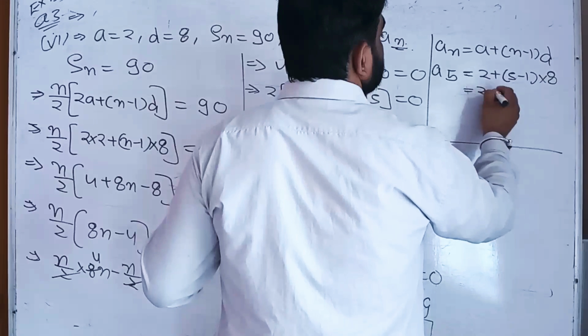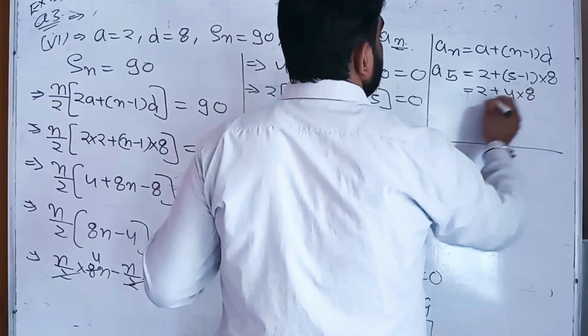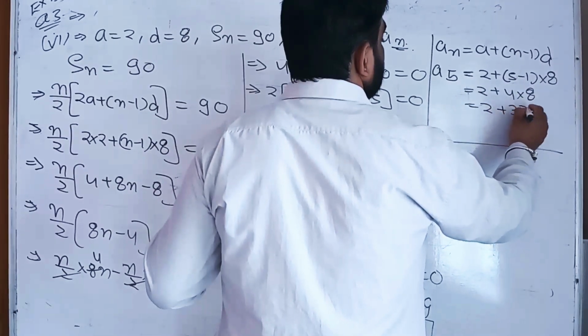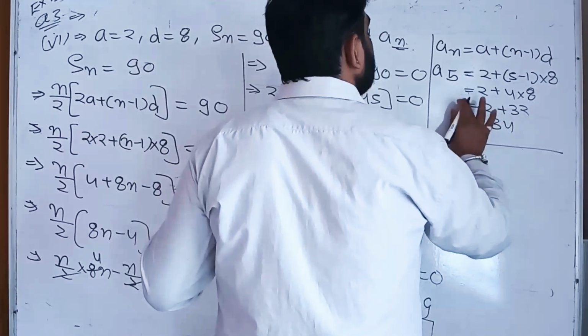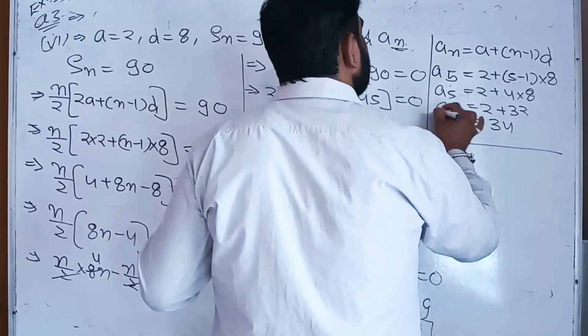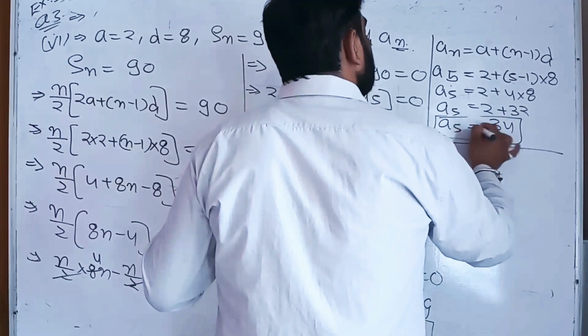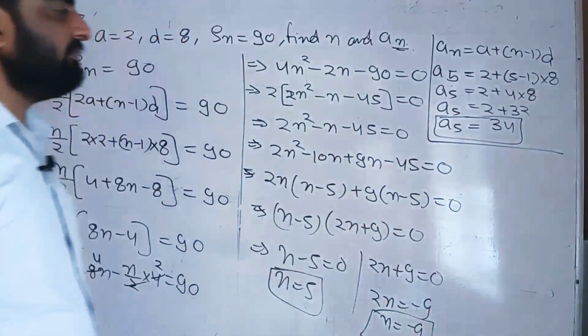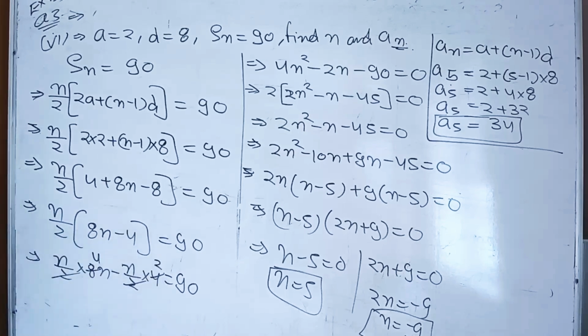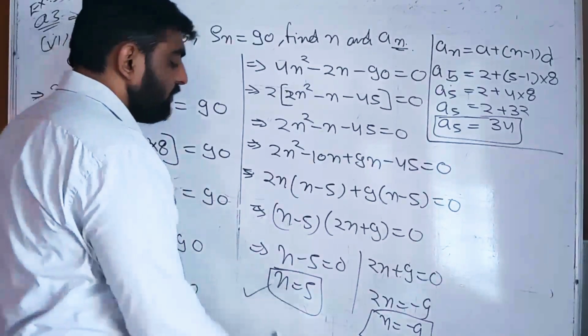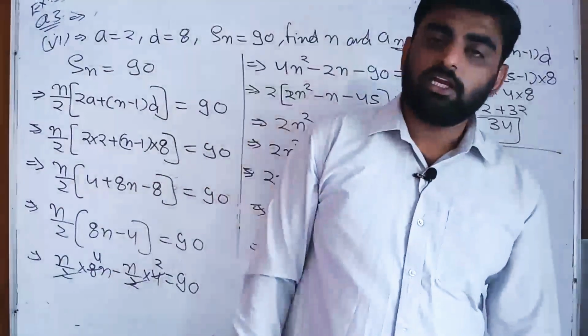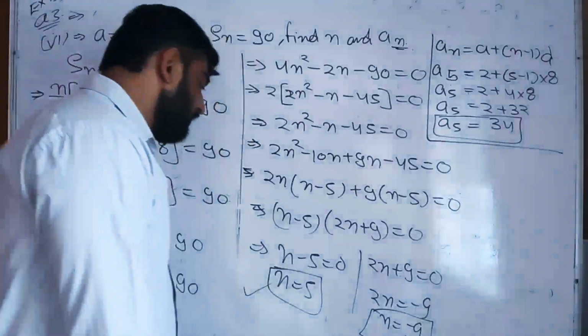So 2 plus 4 into 8, that is 32, that is 34, students. So a5 is equal to 34 and n is equal to 5, because there is no need to consider the negative value of n.